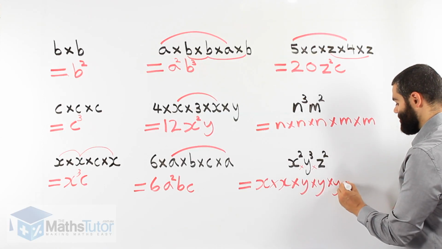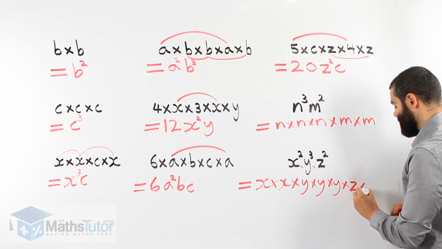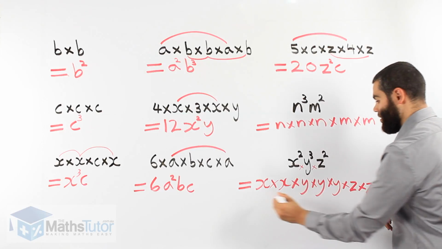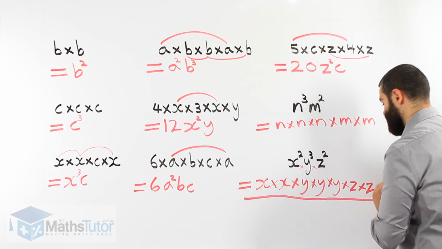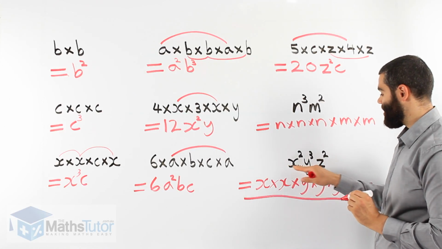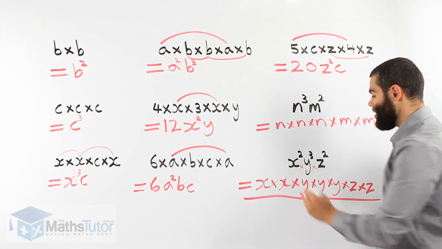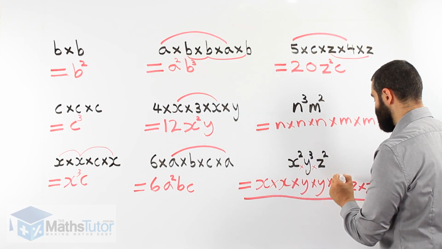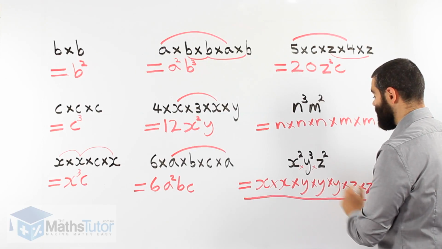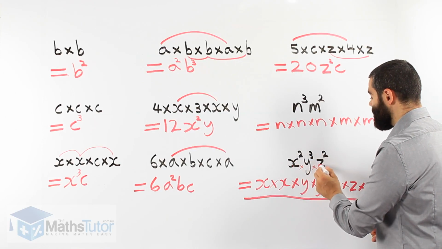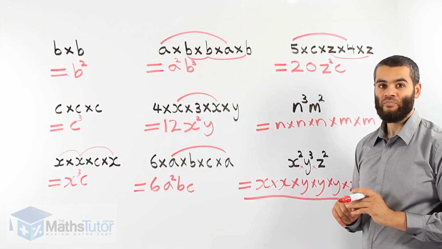And then z squared meaning z times z. So here, one long answer. It was in index notation. We expanded it. x times x times y times y times y times z times z.